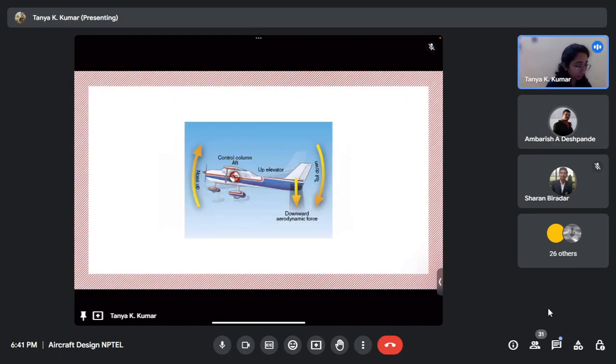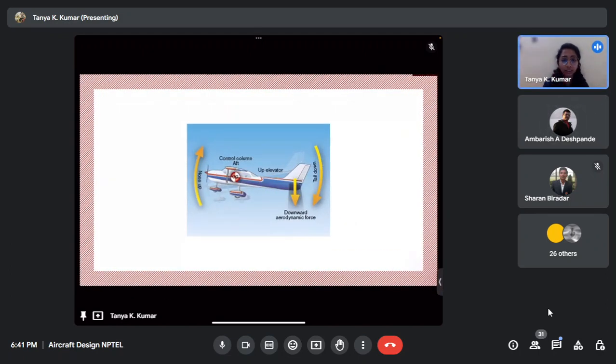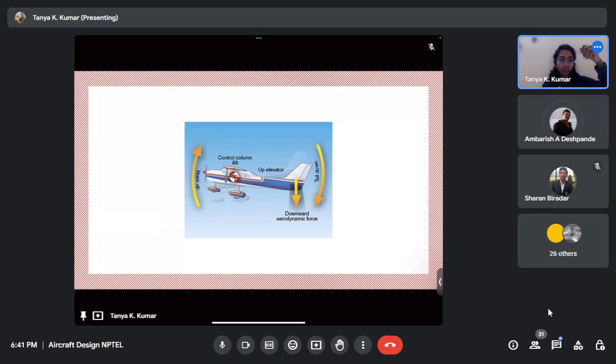So this is just a depiction of how the elevator changes the pitch. In this case, the elevator is deflected upwards. So there is a downward aerodynamic force. It's something like a negative camber. It introduces a negative camber, so it produces lift in the downward direction. So it's a downward aerodynamic force, which causes a pitch up movement.